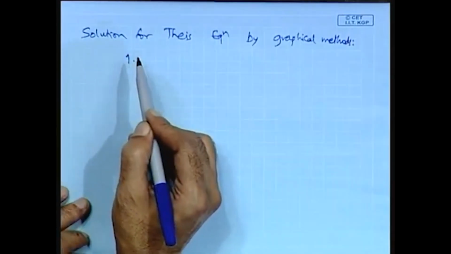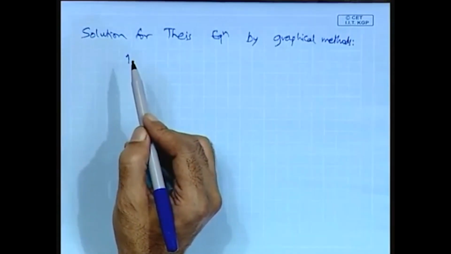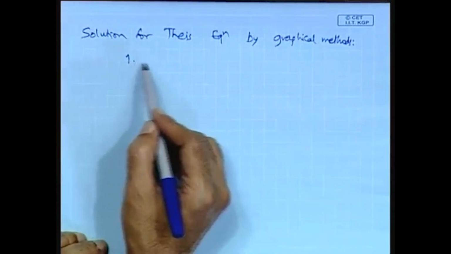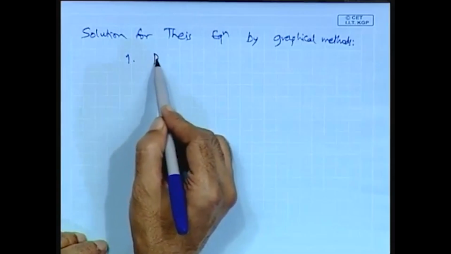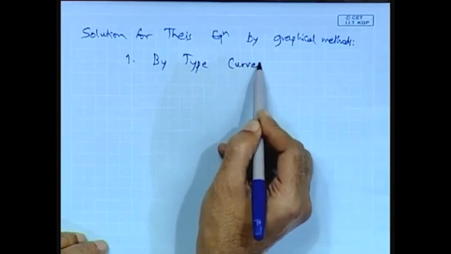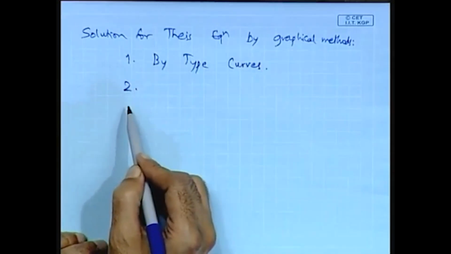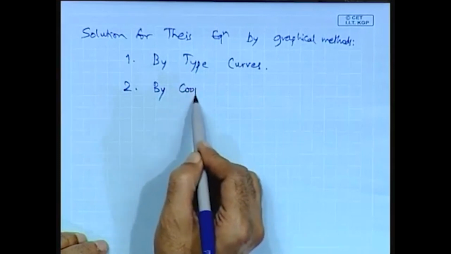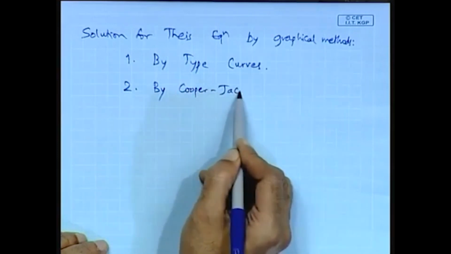So, the first one, let us consider it as type curves. One is by type curves, two is by the Cooper-Jacob approximation.